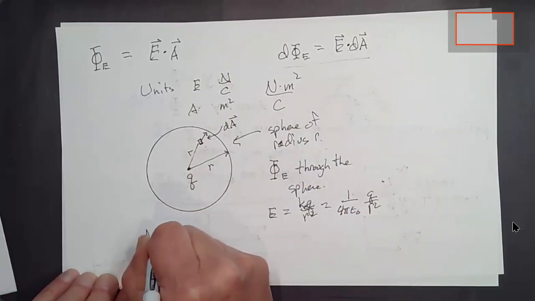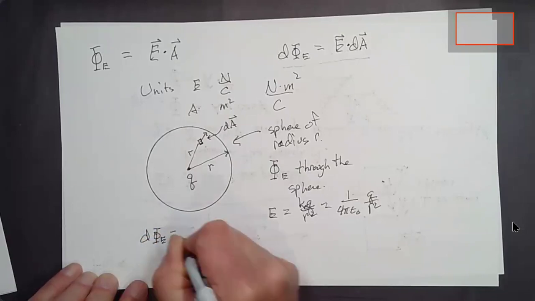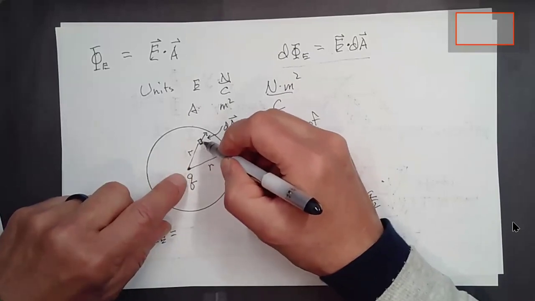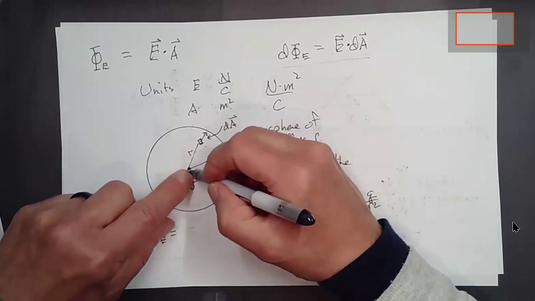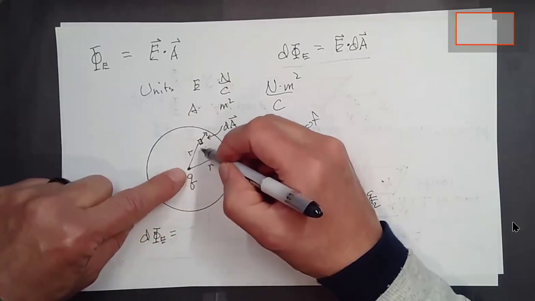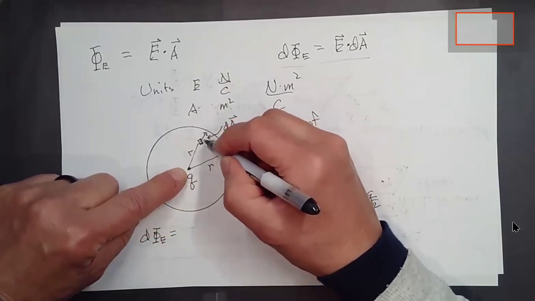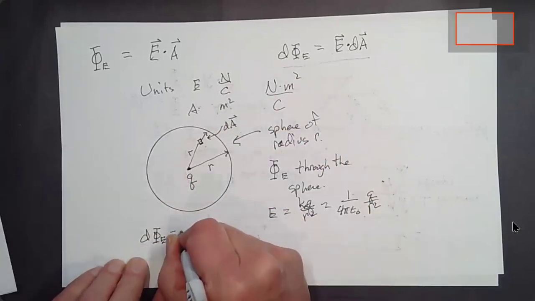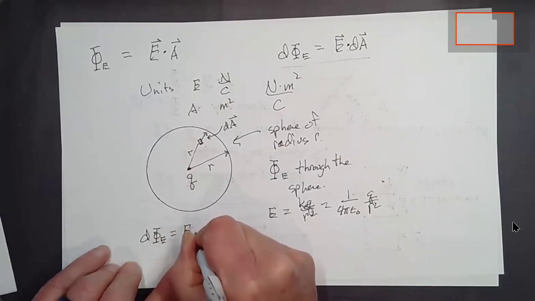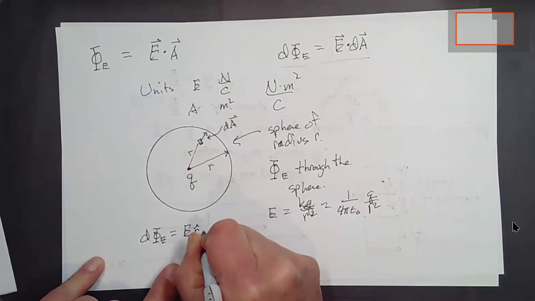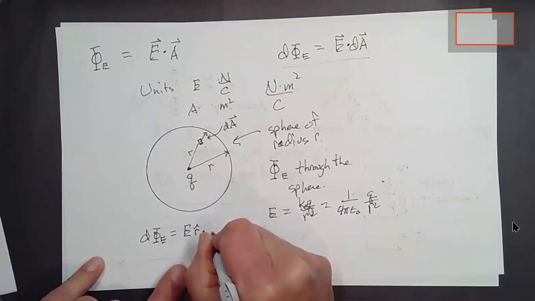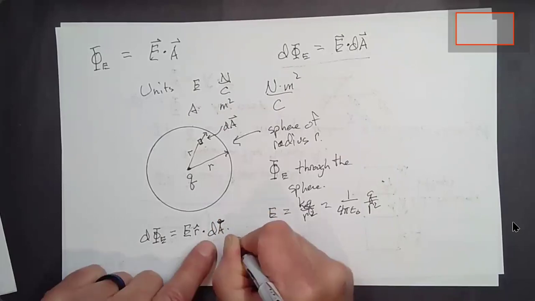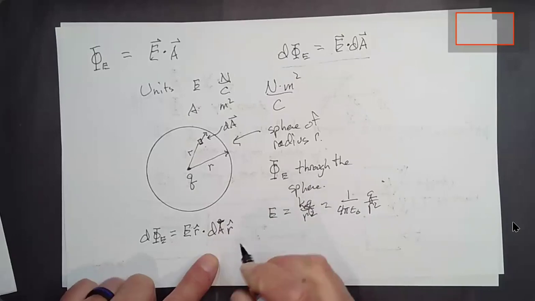So dΦ_E is going to equal E, which happens to point in the same direction as dA, because the electric field due to a point charge points radially away, as does dA from that point in the center. And so I could call it the vector E along r hat dotted with dA, which is also pointing in the r hat direction.